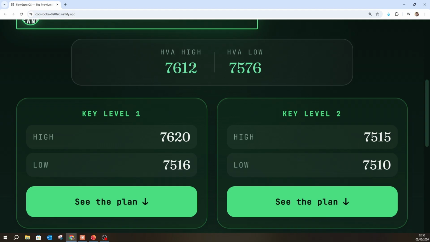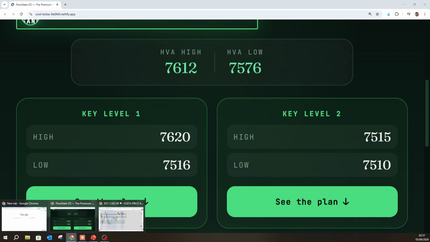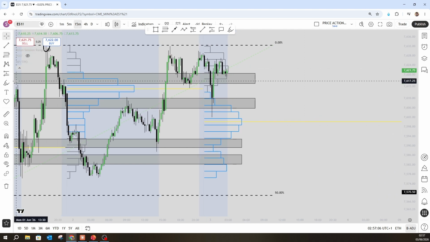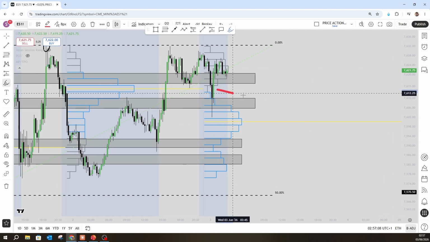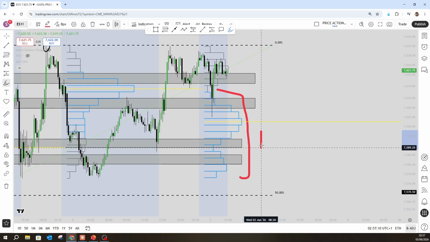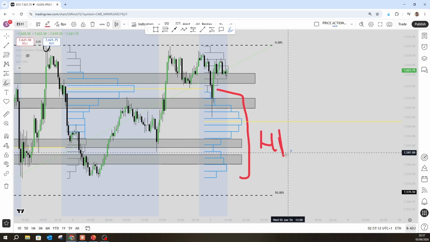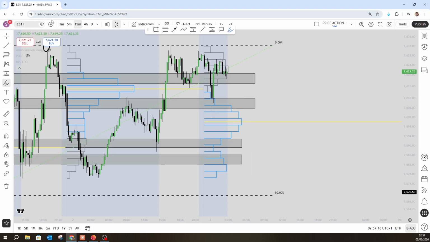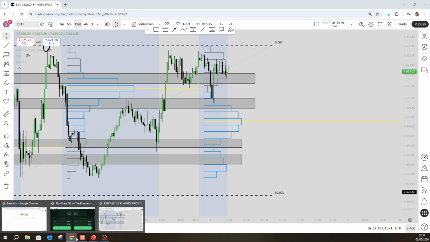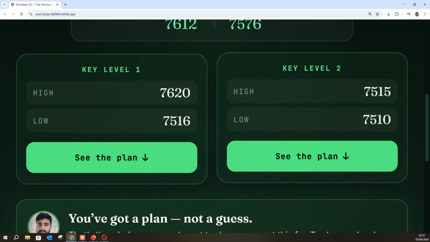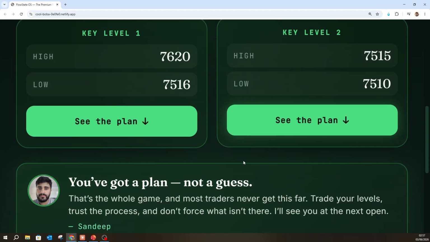So this is now 67.12 and 75.76. It's essentially this blue area here. This is the high volume area. So why does the system make you put this in? I believe that volume is absolutely key.